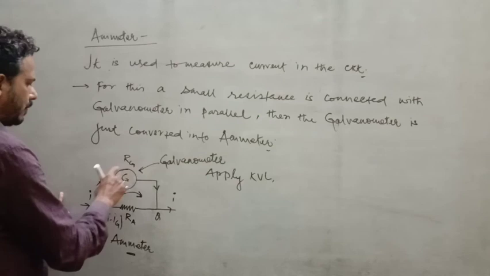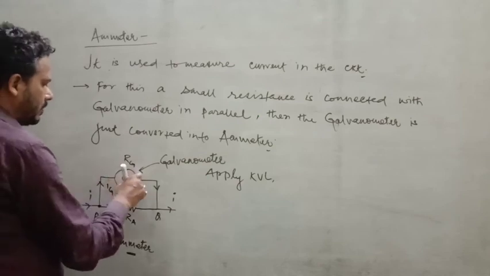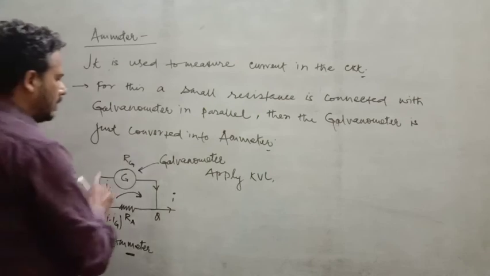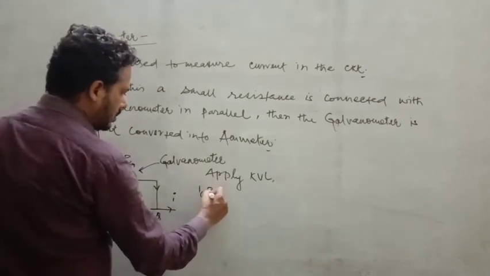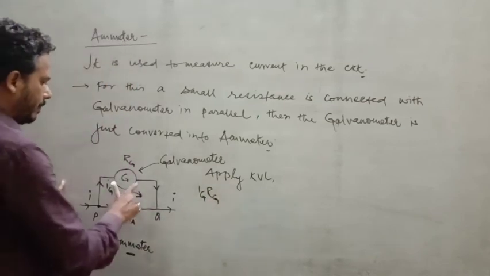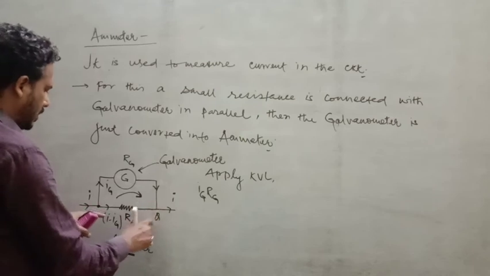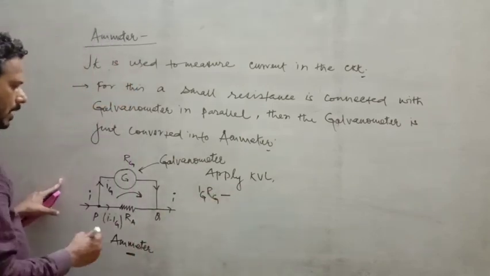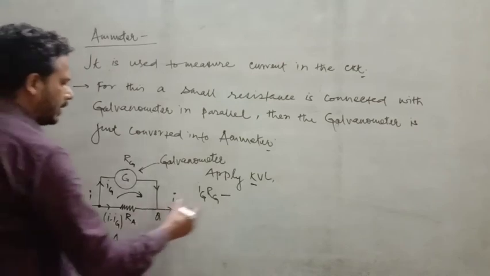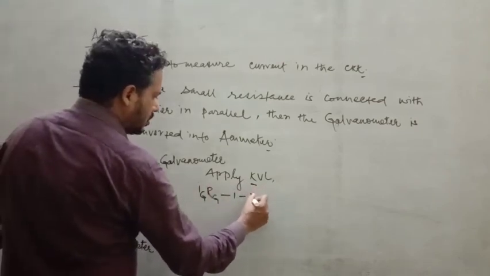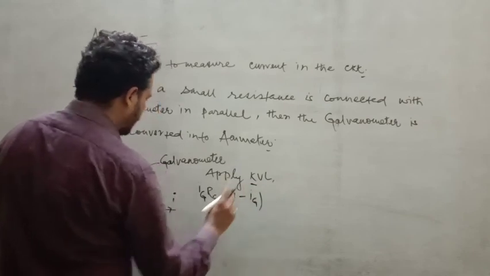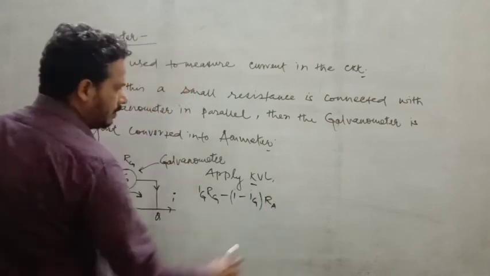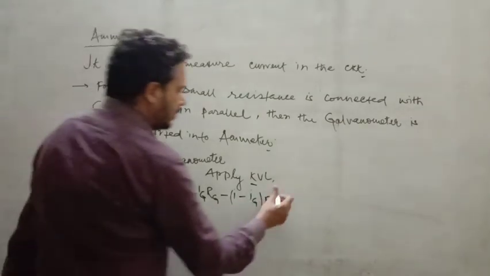There is a potential difference across the galvanometer, Ig, as we discussed in the galvanometer lecture. Because we are going in the direction of current, that will be positive, so it is IgRg. Now I enter this section, from Q to P, where we go opposite to the direction of current, so that would be negative: I minus Ig times the resistance connected in parallel for the ammeter, Ra, which we have to find, equals 0.